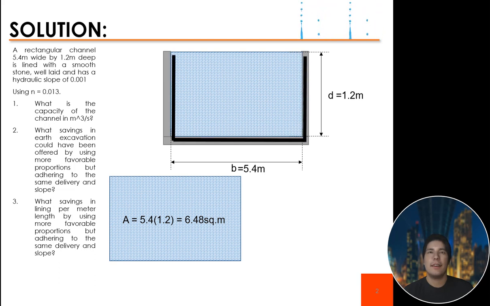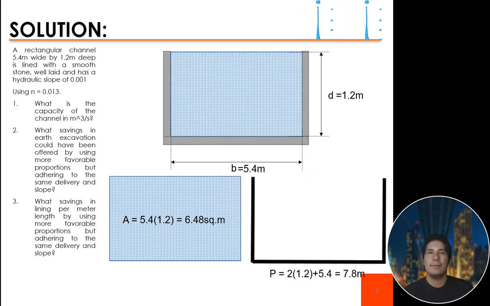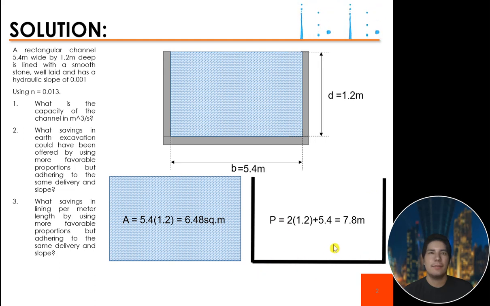And then yung wetted perimeter is we have twice nung 1.2 kasi meron kang 1.2 sa gilid nila, itong side. Tsaka dito sa bottom, you have 5.4. So a total of 7.8 meter. So ma-solve mo yung hydraulic radius which is just the ratio of wetted area over the wetted perimeter. So you have 0.831.